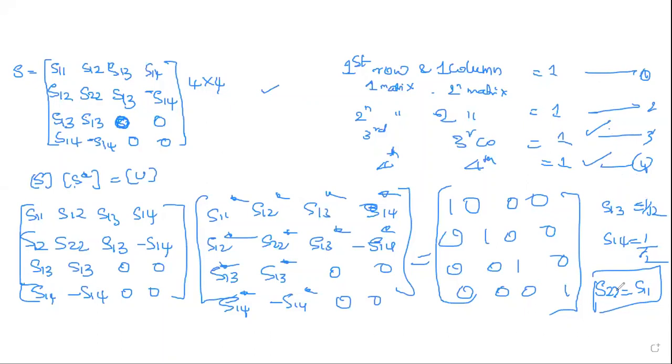Equate 1 and 2, you will be getting equations for S22 and S11. Now, whatever the values you have got from the equations, that is S13 and S14, substitute in equation 1. The first row, first column, so that you will be getting an equation.